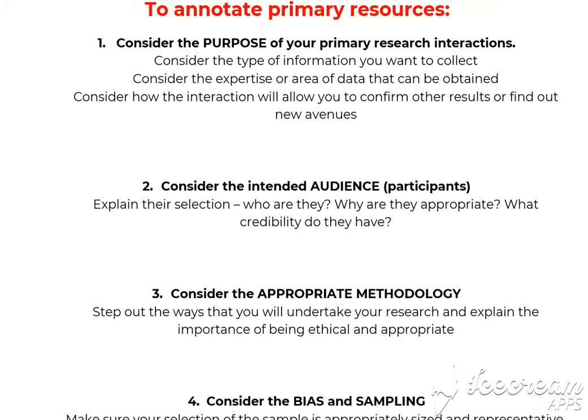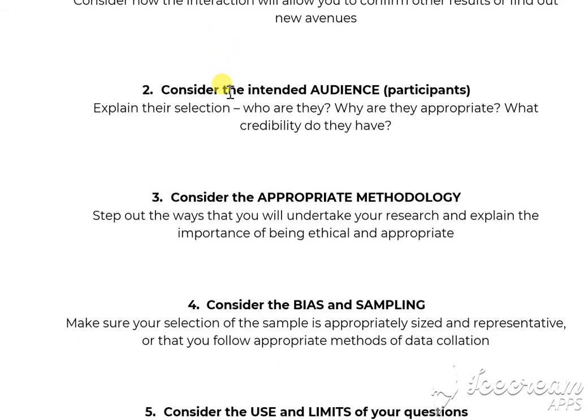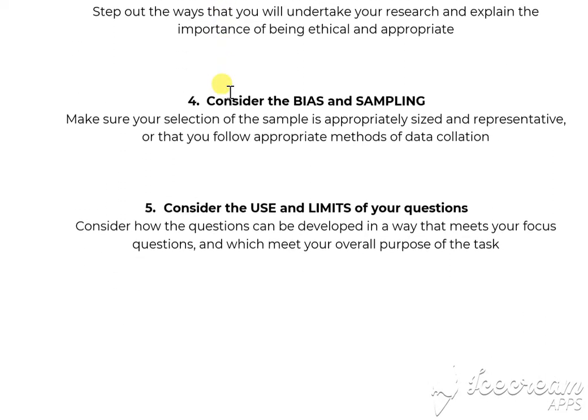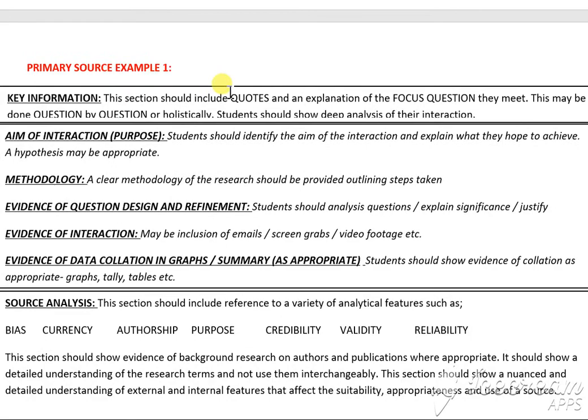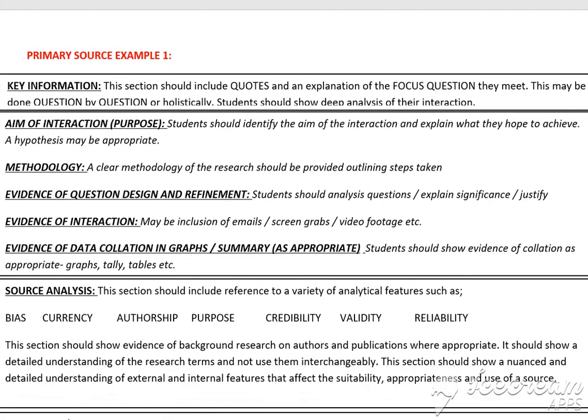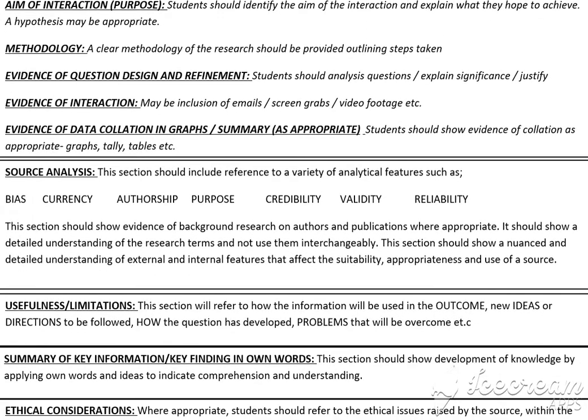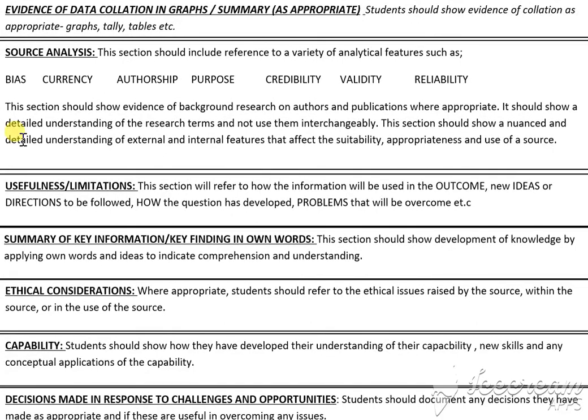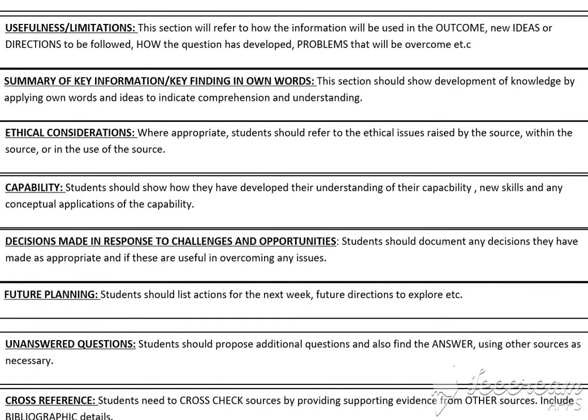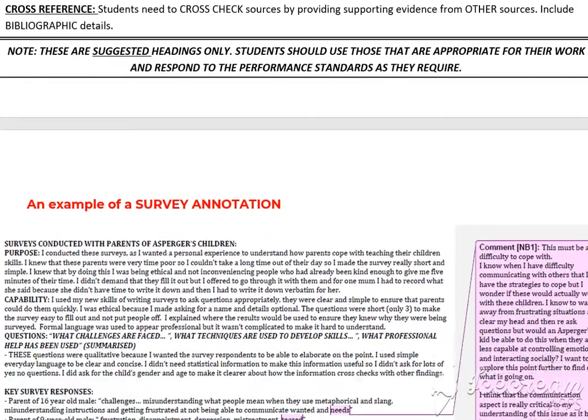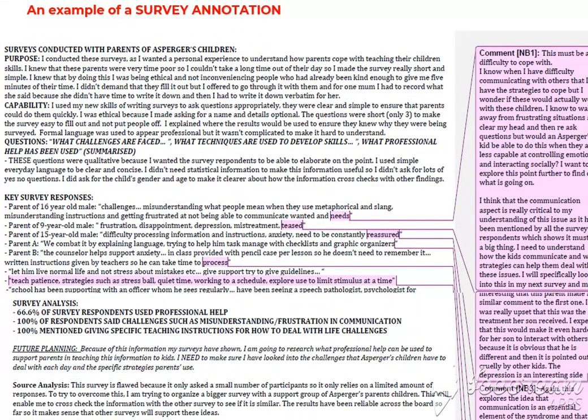So in your skills development, you might talk about how you have gotten better at the purpose, gotten better at doing the audience, gotten better at the methodologies and the sampling. Remember that, again, we've got these examples of laying stuff out, and you'll notice that they have summaries of key information and key findings, and I guess it allows us to see how students are developing their thinking.